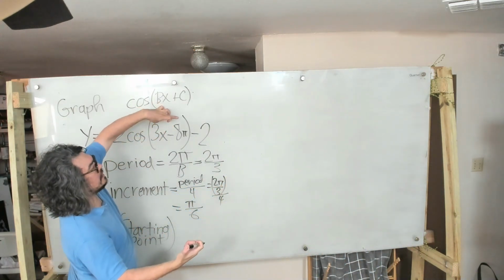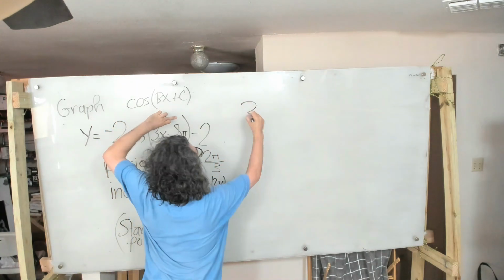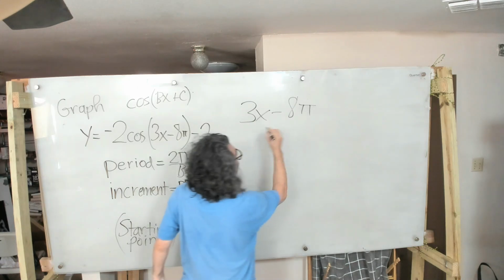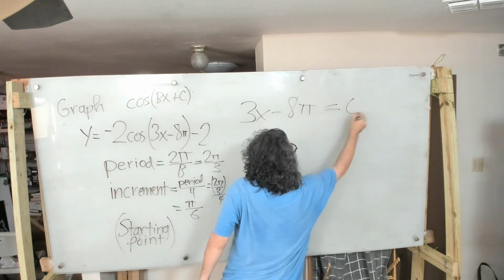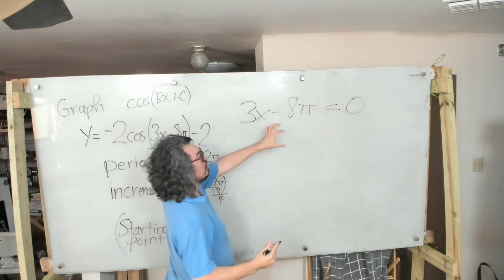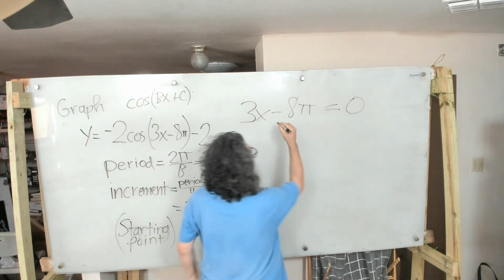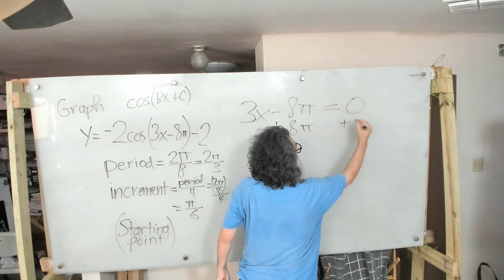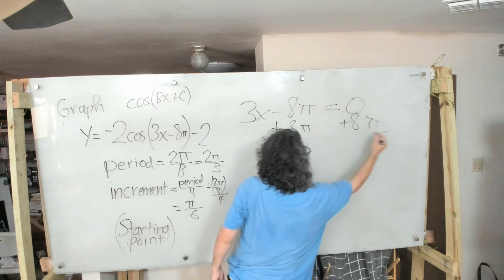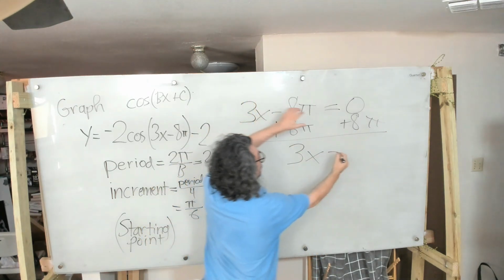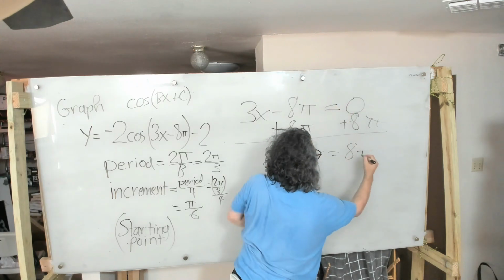So if I set this equal to 0, I'm going to get 3x minus 8 pi equal to 0. For this, we want to get the x by itself. We want to find out what x is. So I'm going to add 8 pi to both sides. That's going to leave me with 3x on the left and 8 pi on the right.